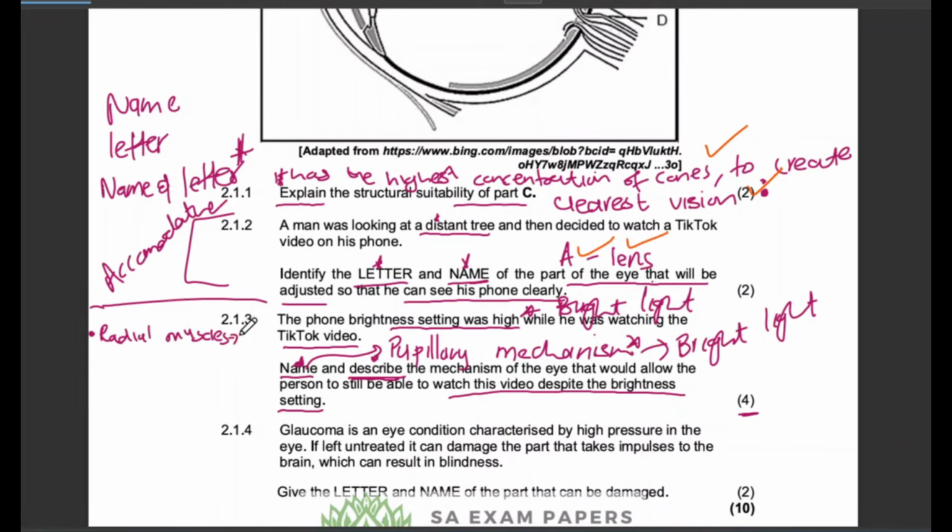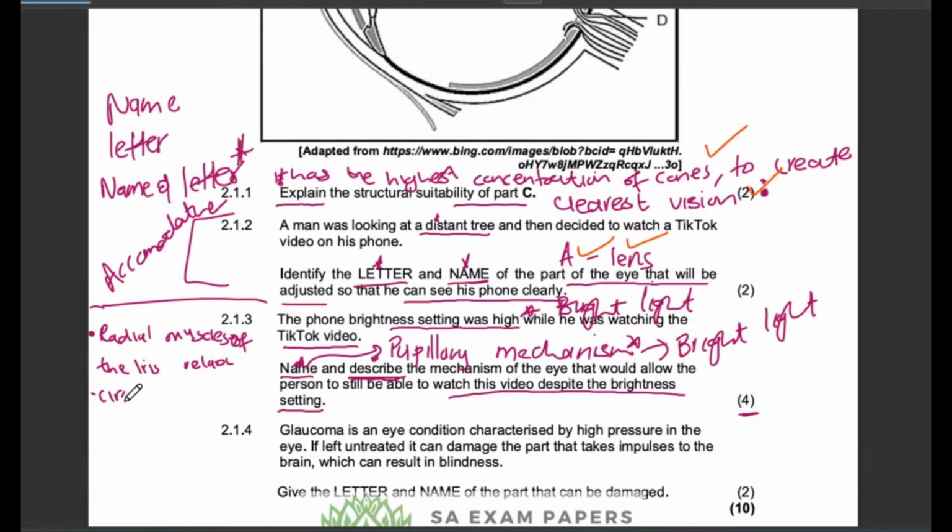And these radial muscles are going to relax. Let me write it in full. Radial muscles of the iris are going to relax, and obviously what will happen to the saccular muscle? It will be the opposite, right?